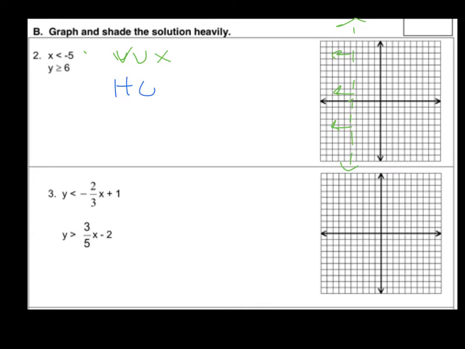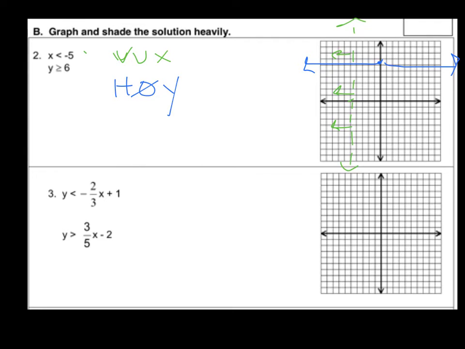I notice that only has a y variable, so that would be HOY. So I'm going to go to where 6 is on the y-axis, which is here. And because it is equal to, I know this horizontal line, which is what that H is supposed to help you remember, goes through +6.